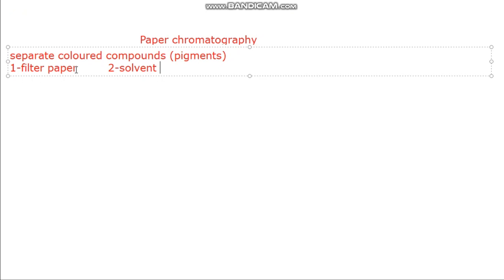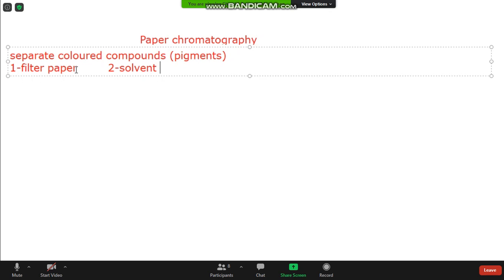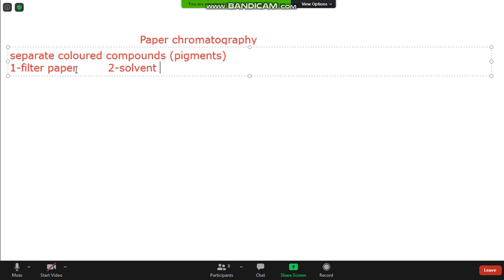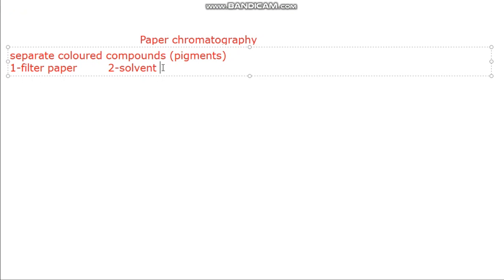The pigment has two properties. The pigments have different solubilities in the solvent, or they can be attracted to the filter paper. So the pigment can be attracted to the filter paper, or it can be dissolved in the solvent. So we have two factors here.